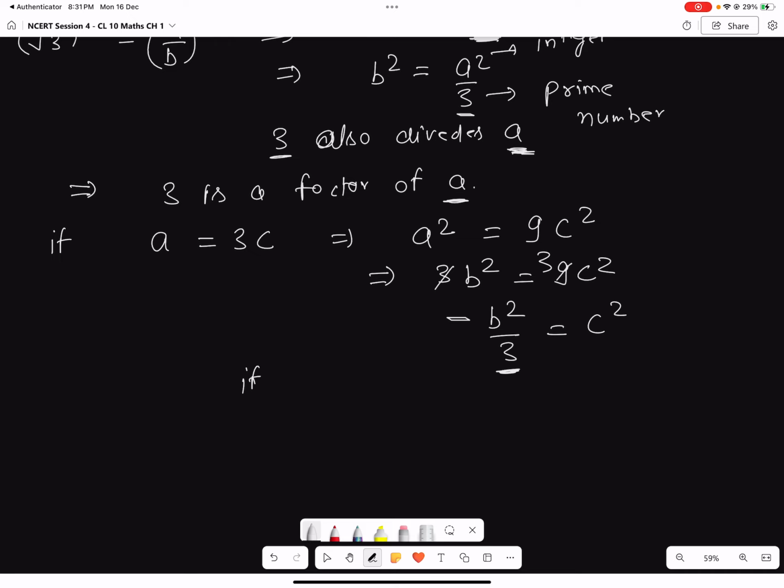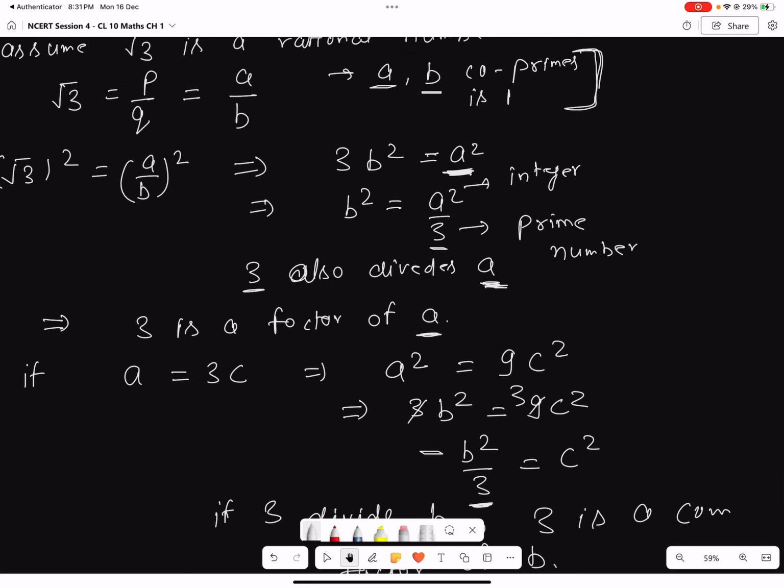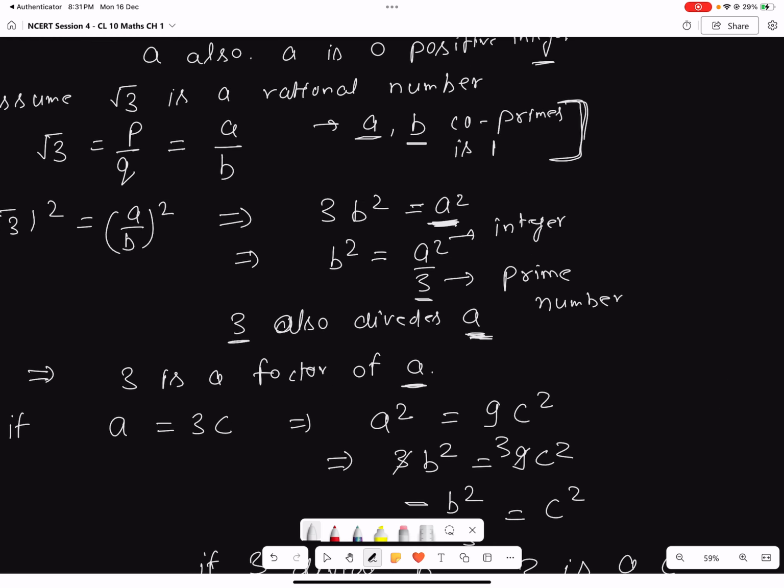And if 3 divides B, that means 3 is a common factor of B. So what we have done here, we have proven that 3 is a common factor of A, and 3 is a common factor of B, and that contradicts our initial assumption.